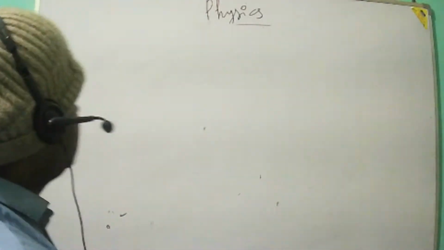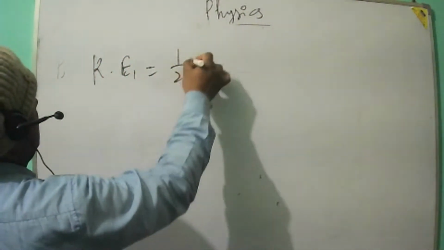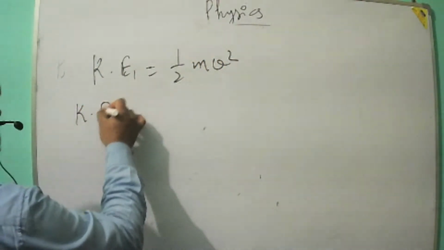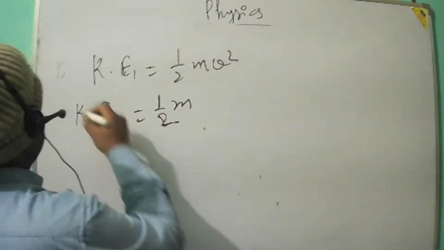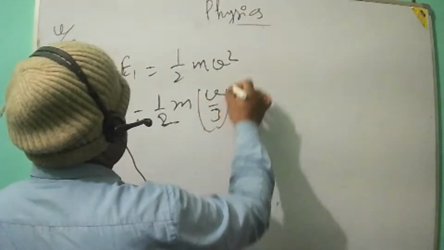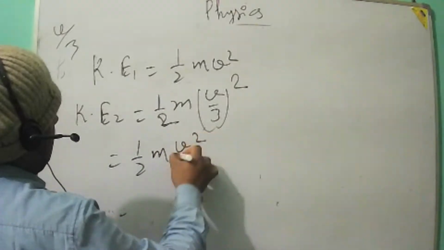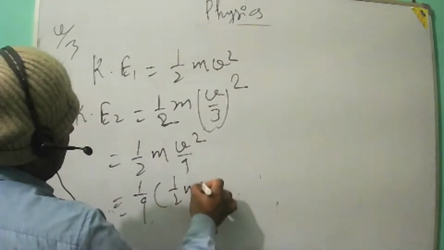So in this condition, KE1 will initially be 1 by 2 mv square. Now you are finding KE2, which is equal to 1 by 2 m, and if you make velocity v by 3, then v by 3 whole square. So how much will it become? 1 by 2 m v square by 9. You can write finally 1 by 9 of 1 by 2 m v square.